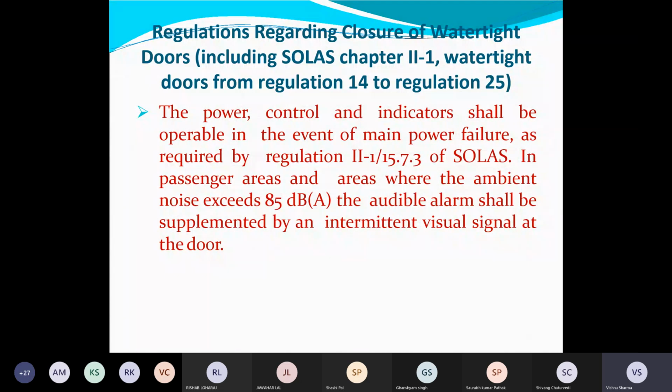So where the noise is high, the audible alarm will be there, but since there is a risk of the audible alarm not being heard because of the surrounding noise, the audible alarm needs to be supplemented, not replaced, supplemented by an intermittent visual signal at the door.